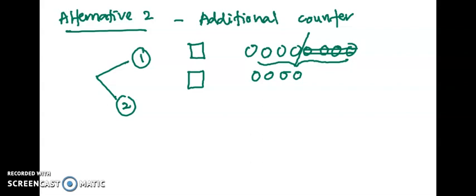In this case, I just have 2 servers or 2 counters and 2 queues. So this is not the multiple server, this is actually a single server, but we have 2 single servers, the first single server and the second single server.